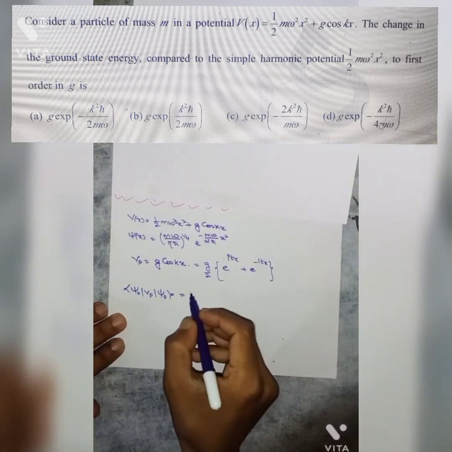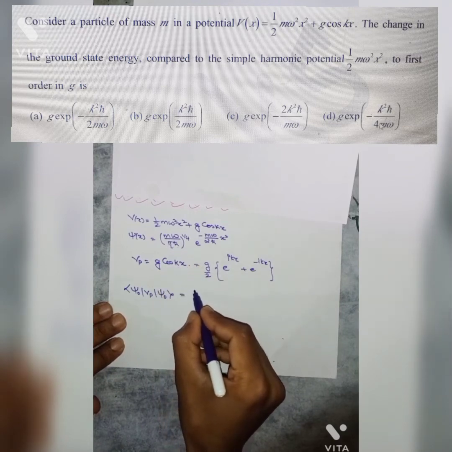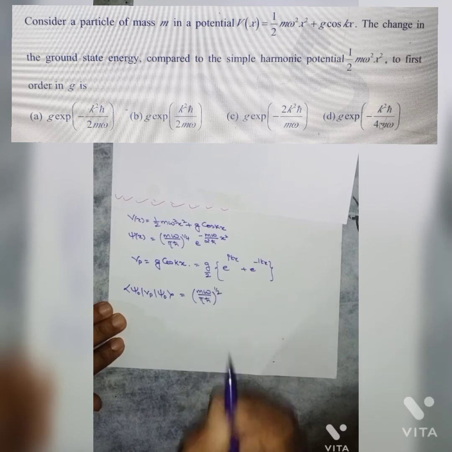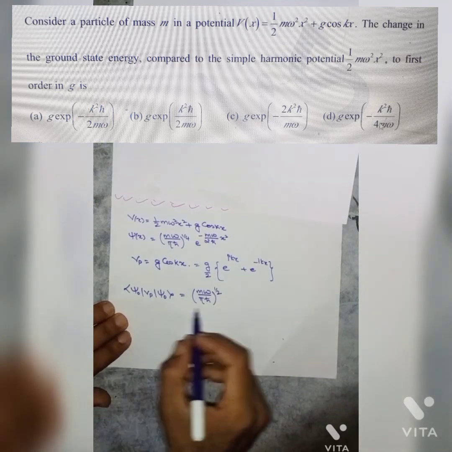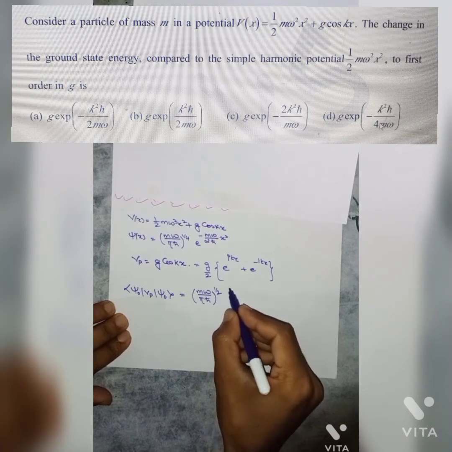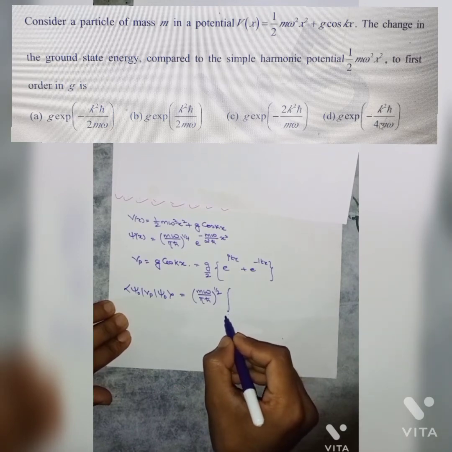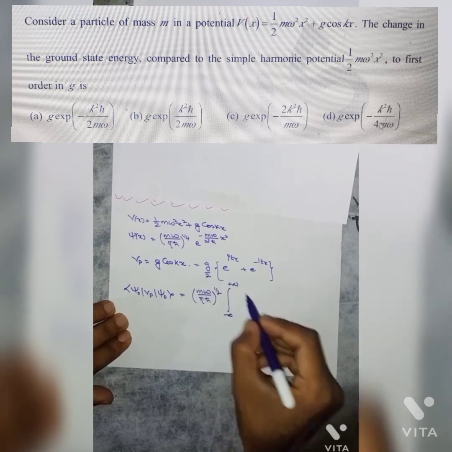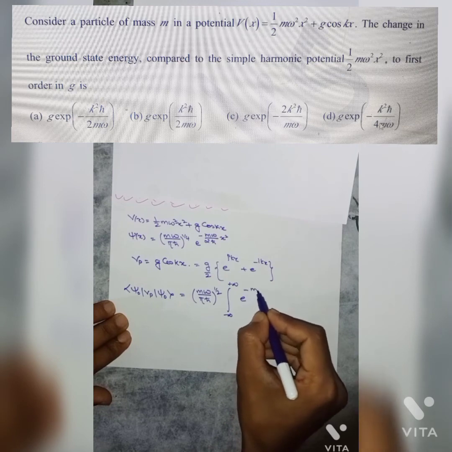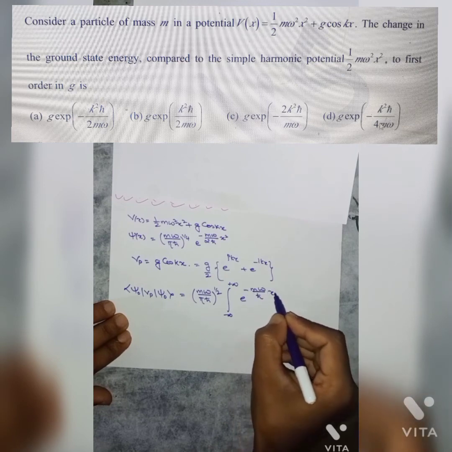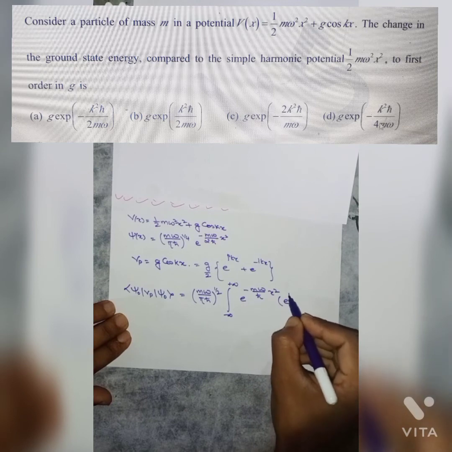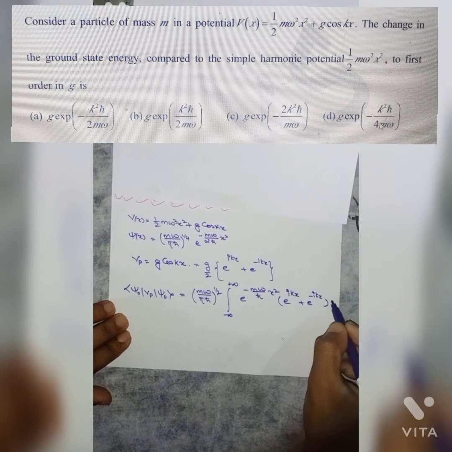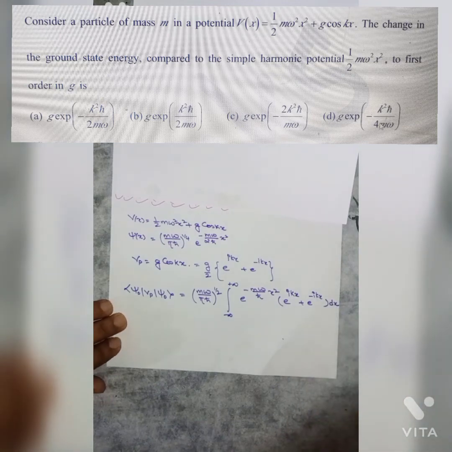So this will be (mω/πħ)^(1/2) times the integral from minus infinity to plus infinity of e to the power minus mω/ħ x squared, times (e^(iκx) + e^(-ikx)) dx. Is it okay?